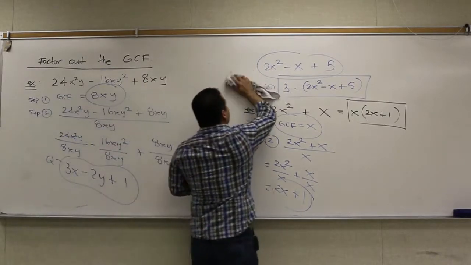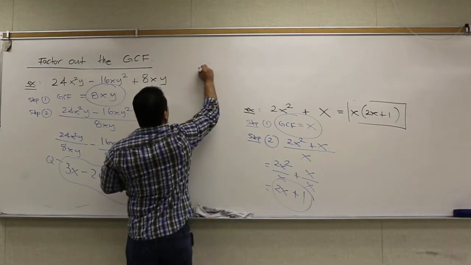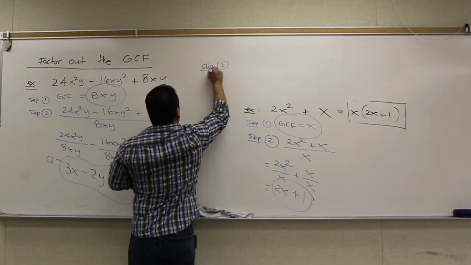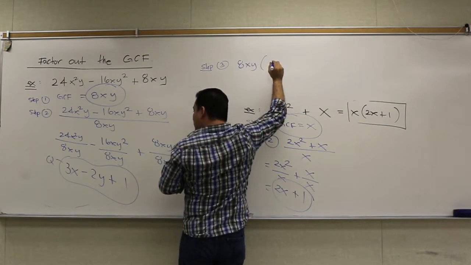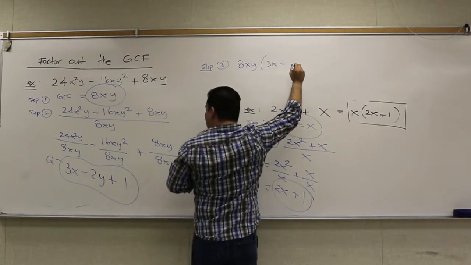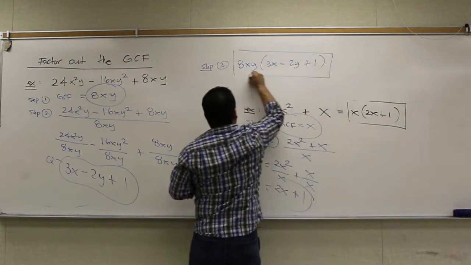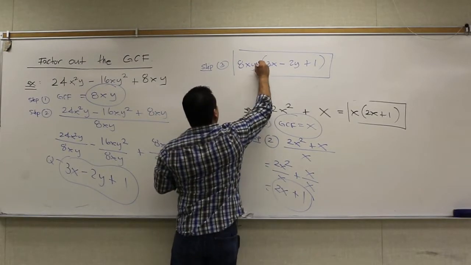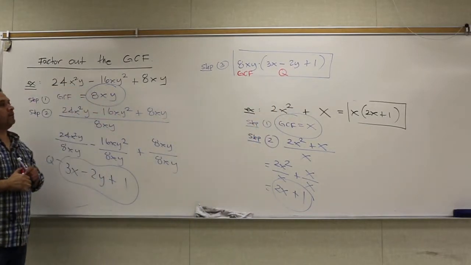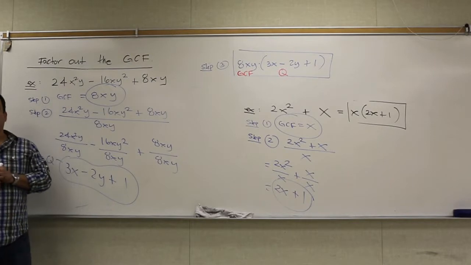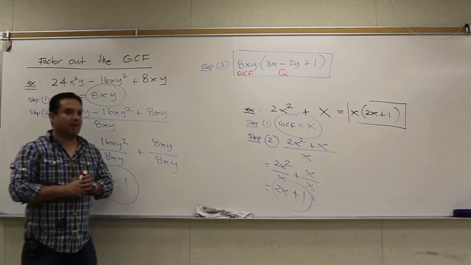Okay, your final answer is going to be in step number 3. 8xy times your 3x minus 2y plus 1. Okay, you guys okay with that? And you're done.